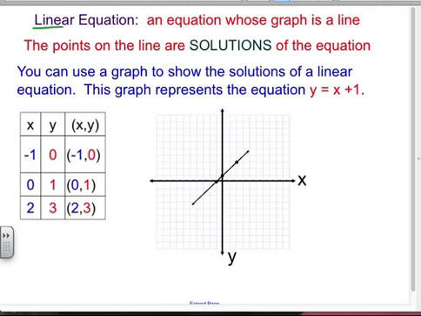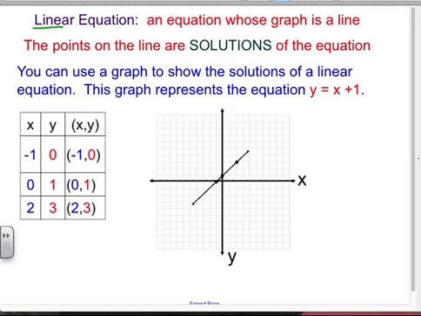The word line is in the word linear because linear means in a line, right? That's straight line. So believe it or not, we're going to be working with equations that you're going to be able to solve them and plot points for them on the coordinate plane and graph them as a straight line.